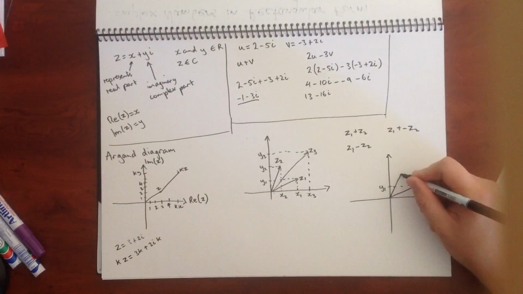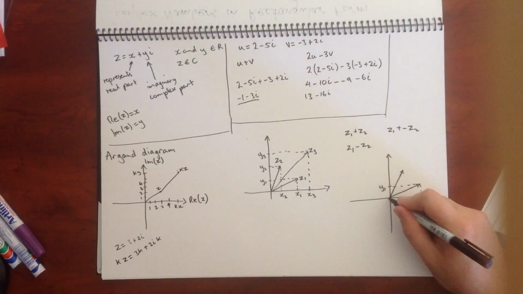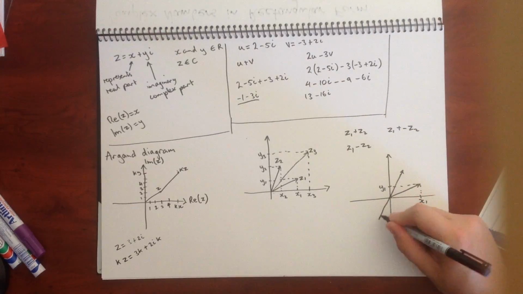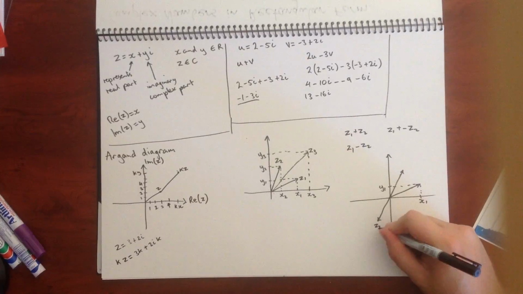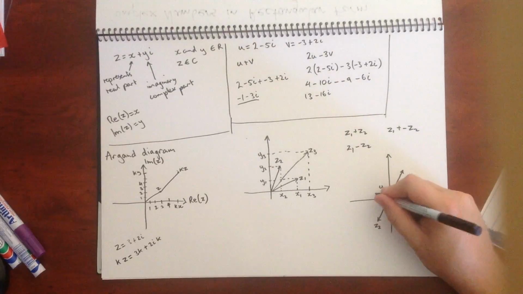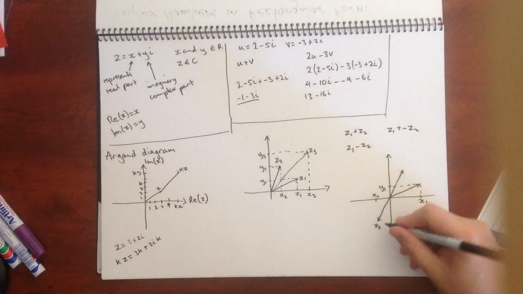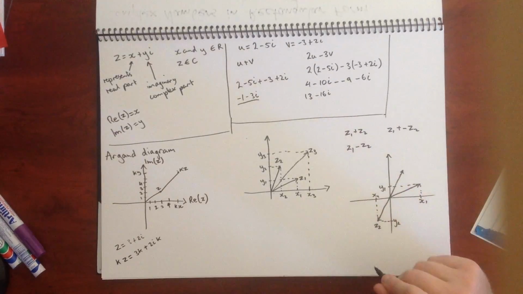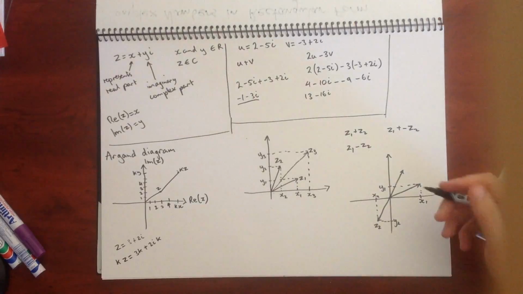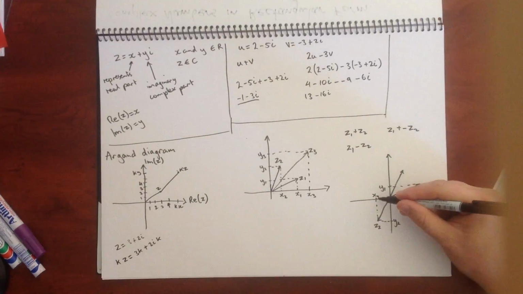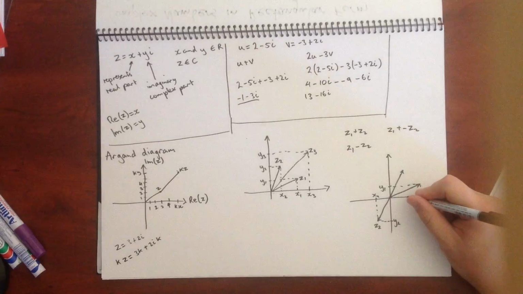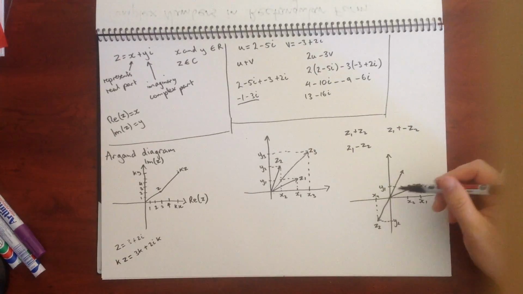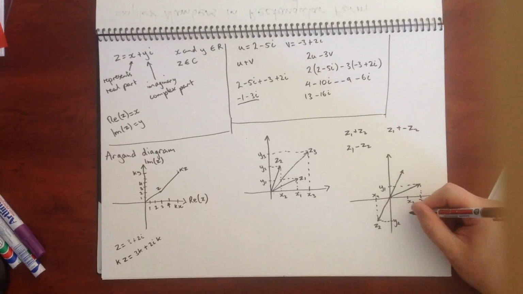So where we had z2 coming up there, z2 is now going to come down here. So this is our x2 here, and this is our y2 here. If we add those two together, we're adding a negative now, so our x3 will be here somewhere. And we're going y1 take y2, so we're going to be down here somewhere.